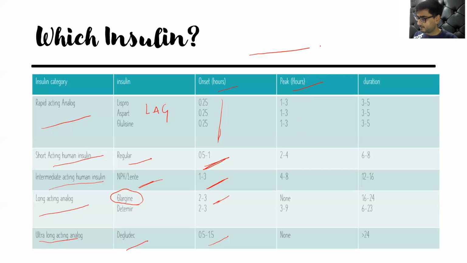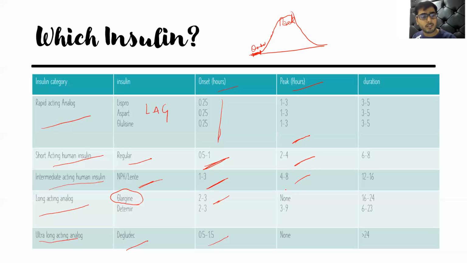Suppose you inject insulin here, this is the onset and this is the peak, and after that the level of insulin comes down like this. So the peak of rapid acting comes at 1 to 3 hours, short acting comes at 2 to 4 hours, and intermediate the peak is at 4 to 8 hours.